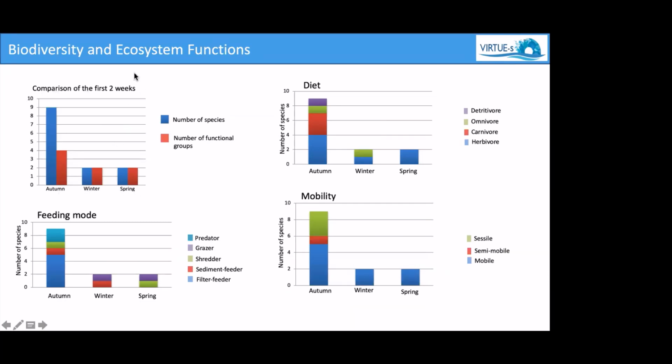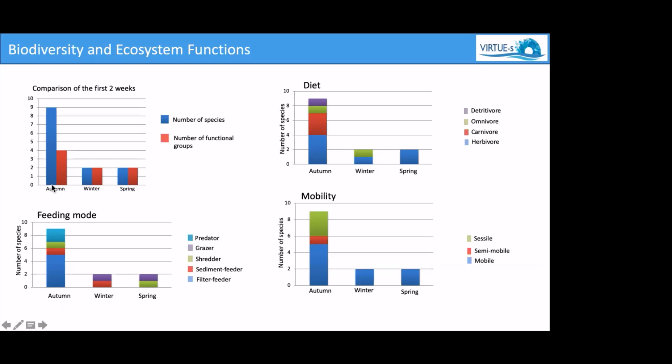Okay, the first 2 weeks, blue is the number of species and red is the number of functional groups. For winter and spring, you can see that there are only 2 species. And again, we can already see that these 2 species are very different from each other. They do not interact too much with each other because they belong to 2 different functional groups.